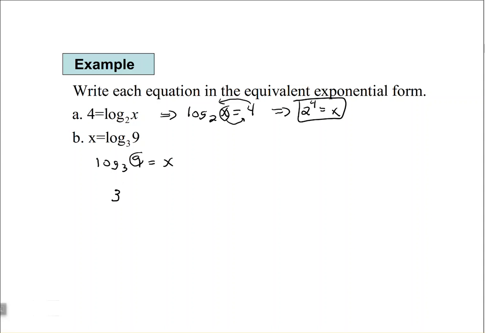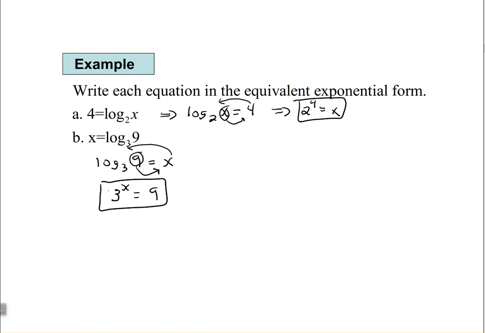So 3, and then the 9 and the x will switch sides. So log base 3 of 9 equals x is the same thing as 3 to the power of x equals 9 in exponential form.